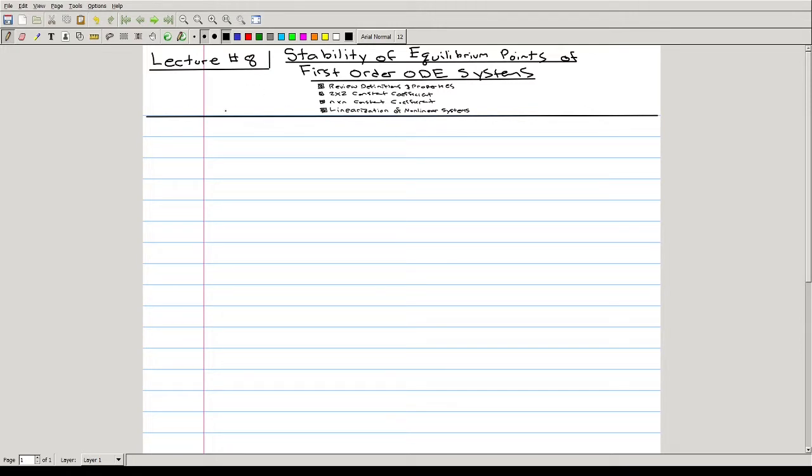So this will be stability of a nonlinear system of autonomous ODEs.